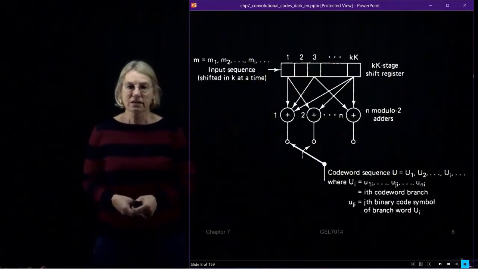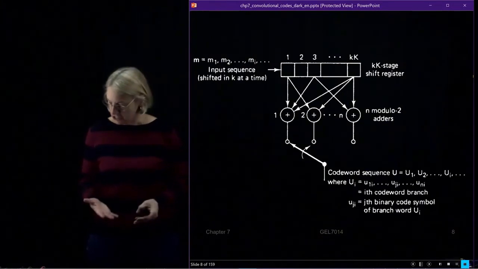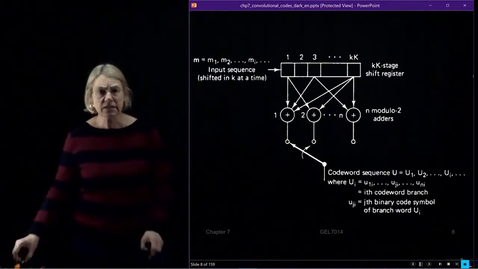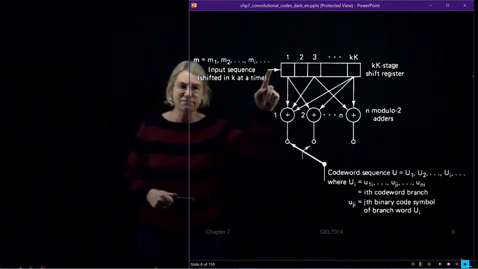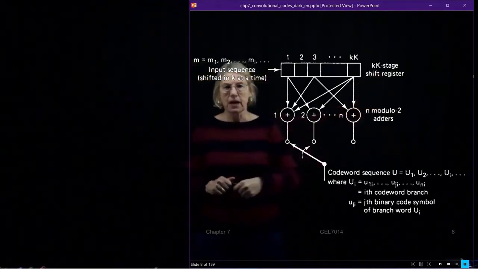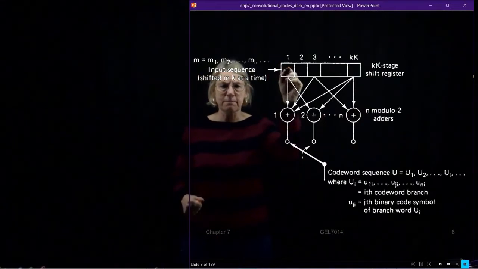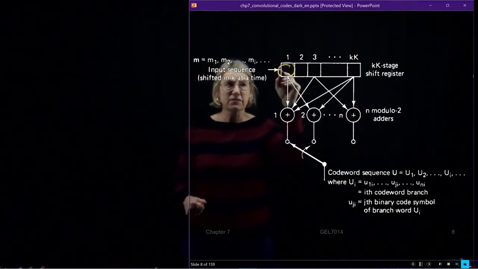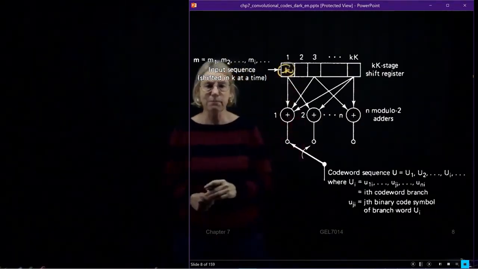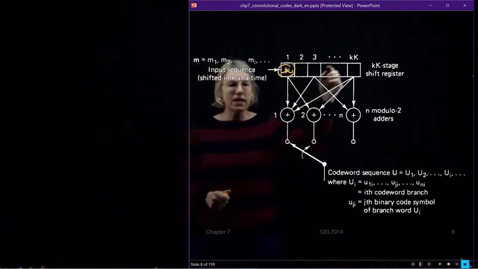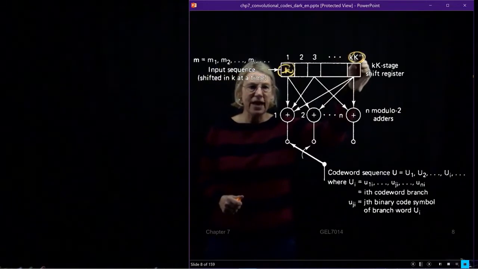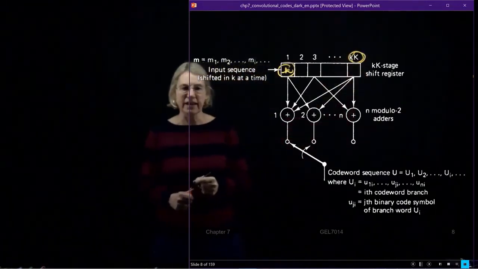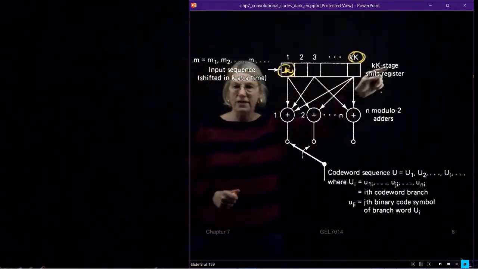So this is the block diagram of the shift register. If I look at this block diagram, I can see the input on this side, output on this side. We can see that each one of these boxes is big enough to have k, lowercase k, bits. Now, the number of shift registers I have is related to this capital K, the constraint length, so that determines how many of these boxes I have.